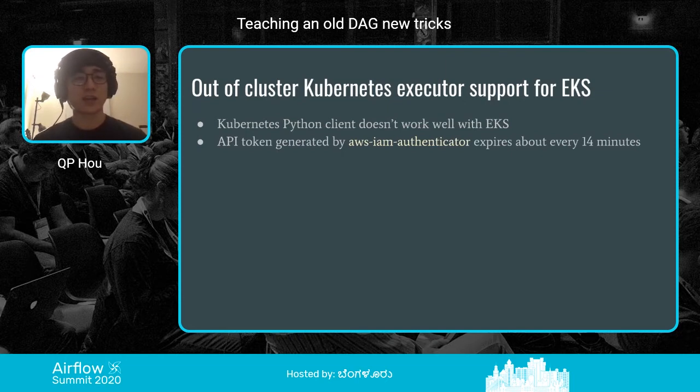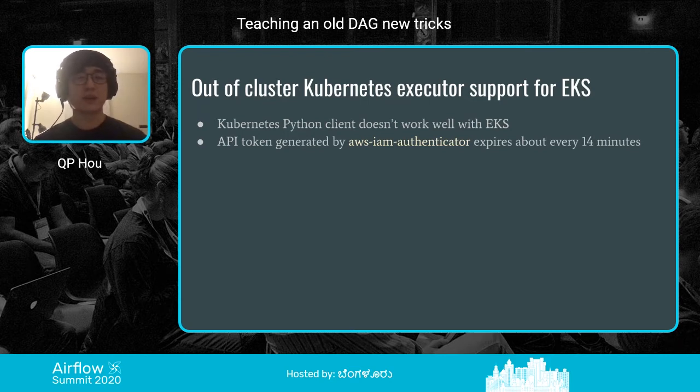What actually happened was that for authentication with EKS APIs, we use the AWS IAM Authenticator. This is the binary provided by AWS that is responsible for fetching an API token based on the current IAM role. This token turns out to expire roughly every 40 minutes.